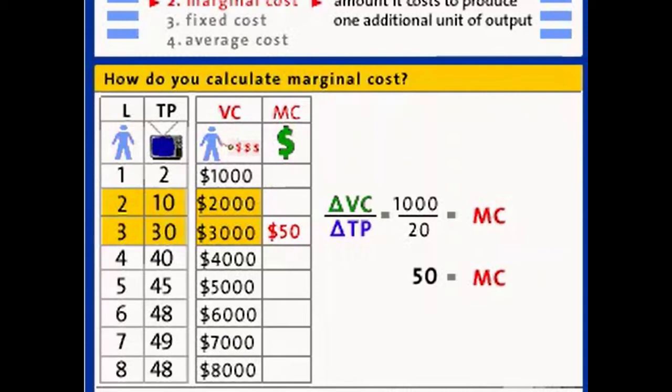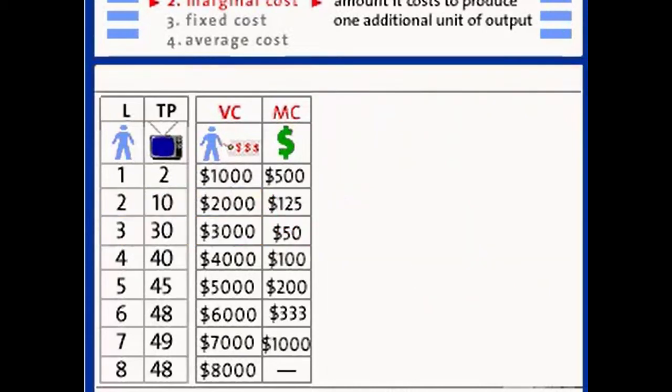What I've done here is come up with a chart that shows the marginal cost of production. How much does it cost to produce an extra television set in each of these circumstances? Let's start from the beginning. If you go from 0 to 1 worker, the marginal cost of those first 2 sets is $500 apiece.